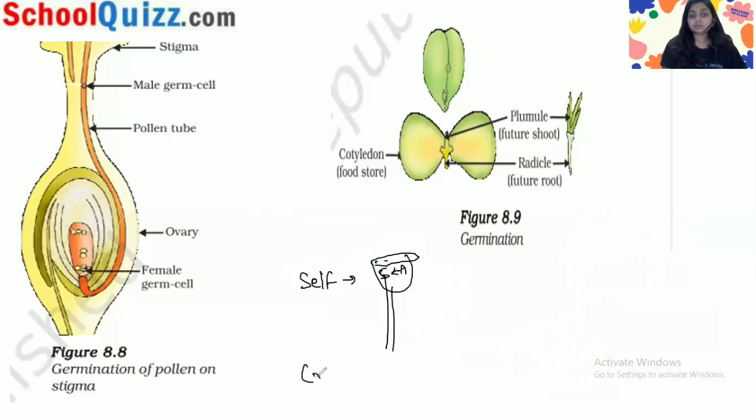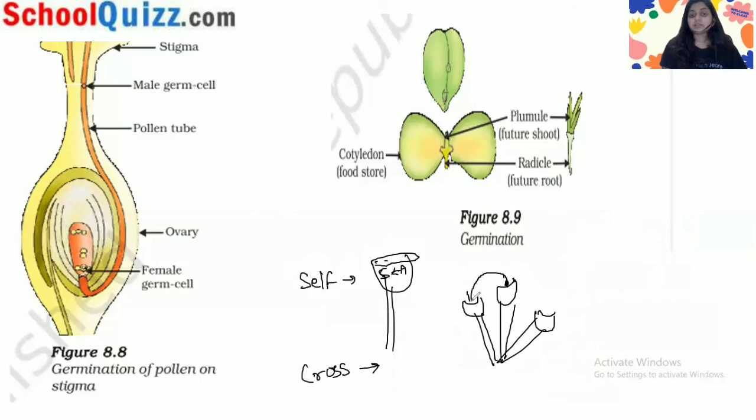And in cross pollination, let's take this plant, in which there are three flowers.